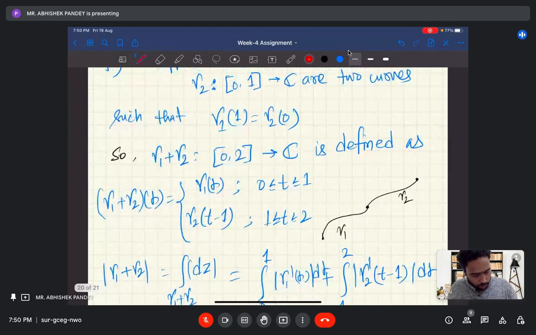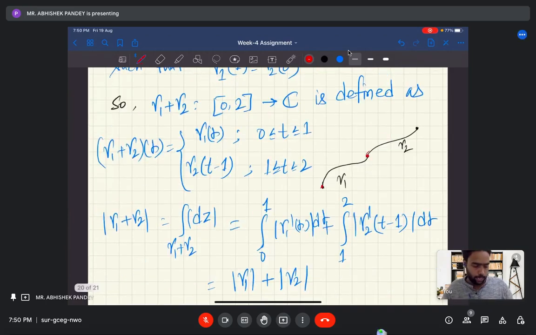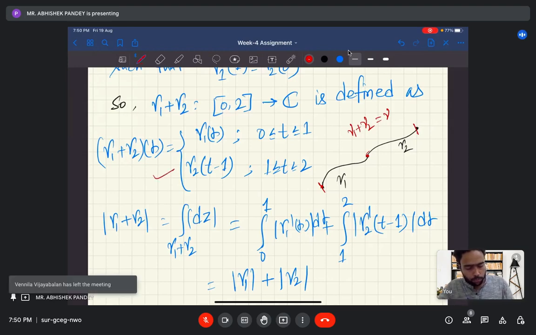So this is gamma 1, and as you can see the terminal point of gamma 1 is the initial point of gamma 2. The addition of curves means this whole curve from here to here, let us denote it as gamma 1 plus gamma 2, let us say gamma. It is defined like this: from t equals 0 to 1 it is gamma 1 of t, and in between 1 and 2 it is gamma 2 of t minus 1.